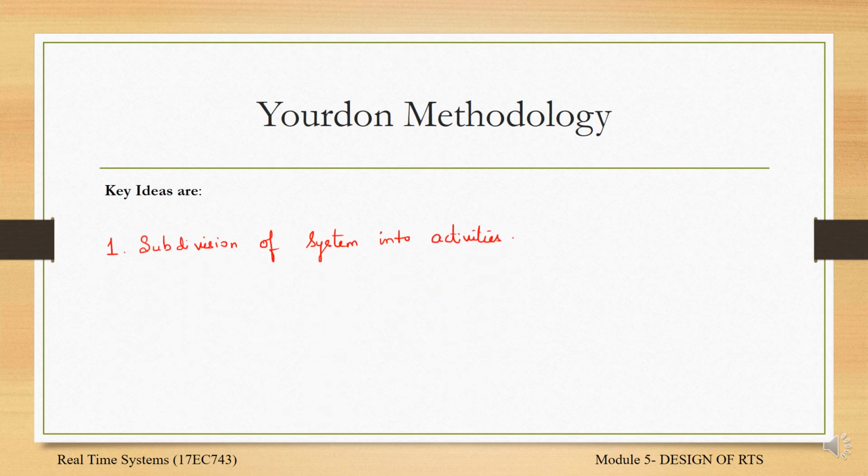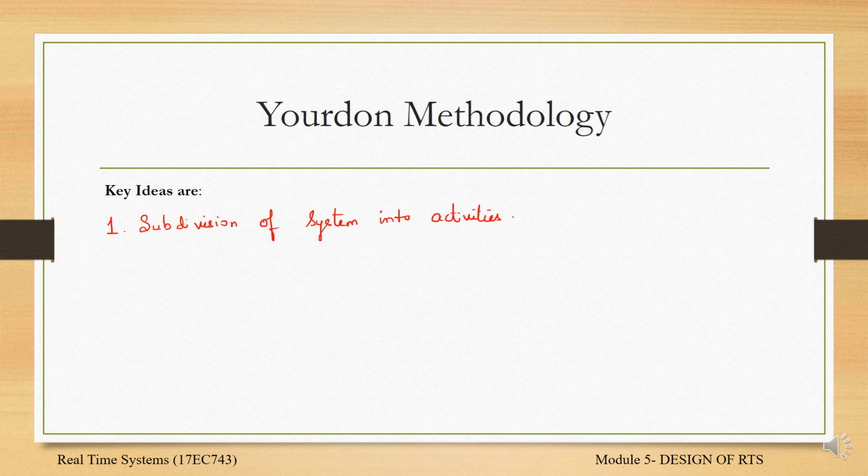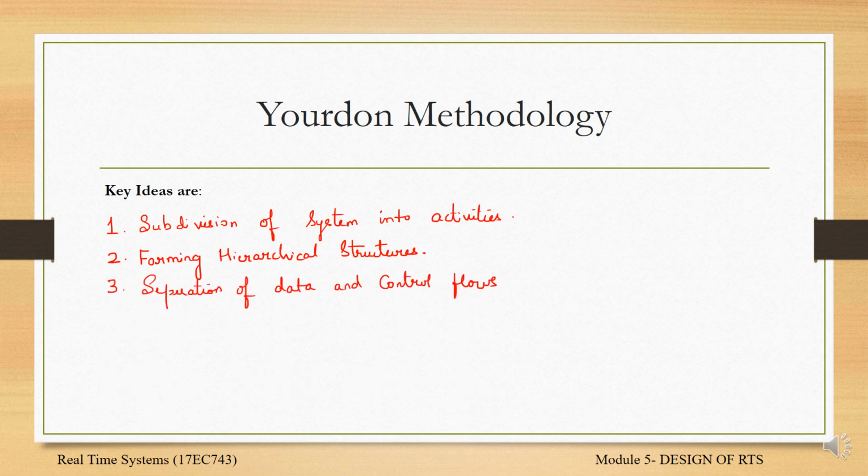The first one is subdivision of system into activities. You take any system, first we need to divide it into activities. Once you form the system into activities, you need to form a hierarchical structure based upon the activities, and these activities in different hierarchy have to be separated based upon data and control flows.